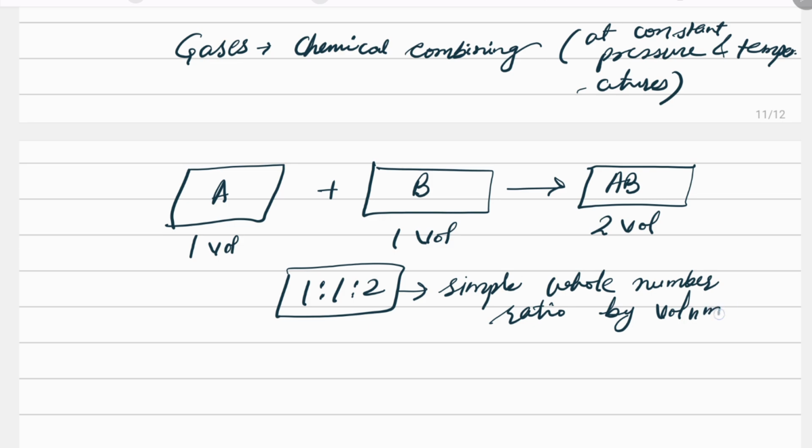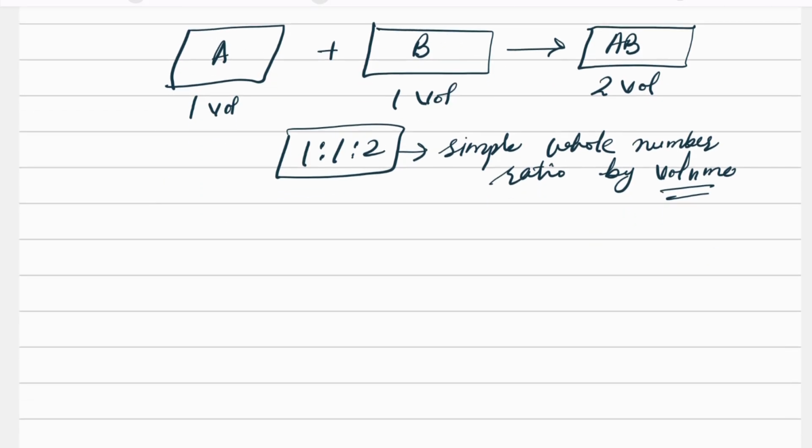Now we are talking about volumes because we are talking about gases. Gases have volumes. Let's understand this with an example. Suppose we are taking H2 gas, hydrogen gas, and we have taken one volume of it. We are combining it with Cl2 gas. We have taken one volume of it.